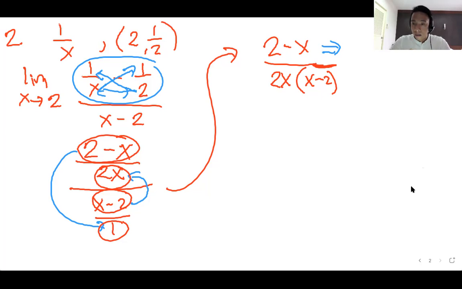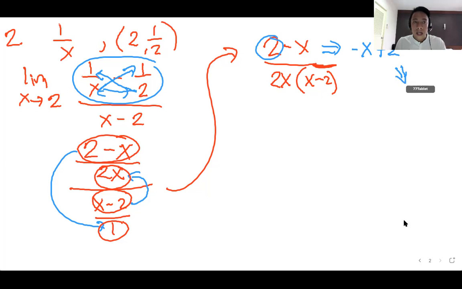Okay? So we have here, we will interchange, correct? So I will put negative x on the first part. And this one is positive, so I will put plus 2. Correct?